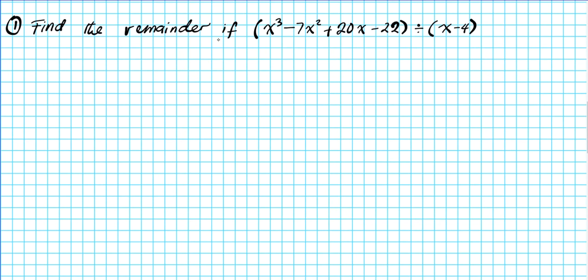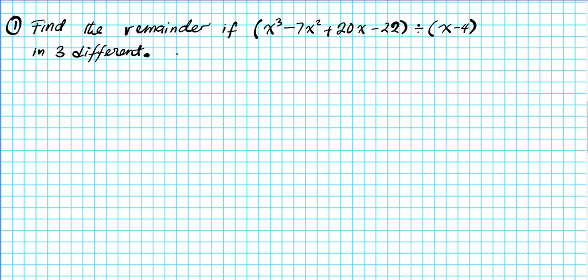Find the remainder if this polynomial function, this dividend, is divided by this divisor in 3 different ways. In this lesson we're going to be reviewing 2 other ways to find the remainder, namely the synthetic division process and the long division process. So 3 different ways.